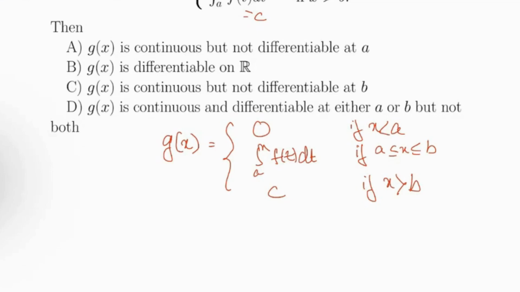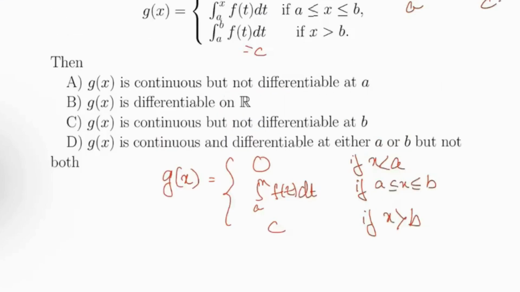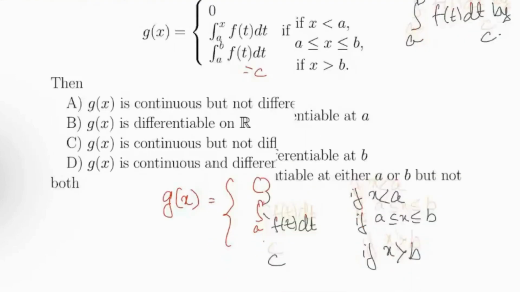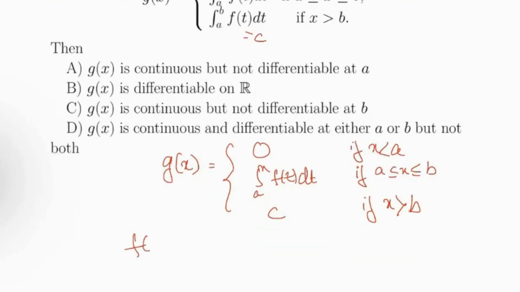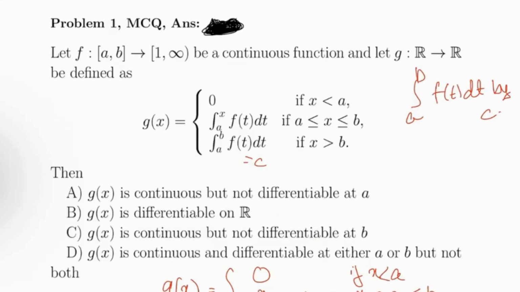So I'll go for the differentiable part. And one more thing, just wait a second. Notice that f of x is greater than or equal to 1 for all x belonging to a to b. That's how it's defined, if you can see.